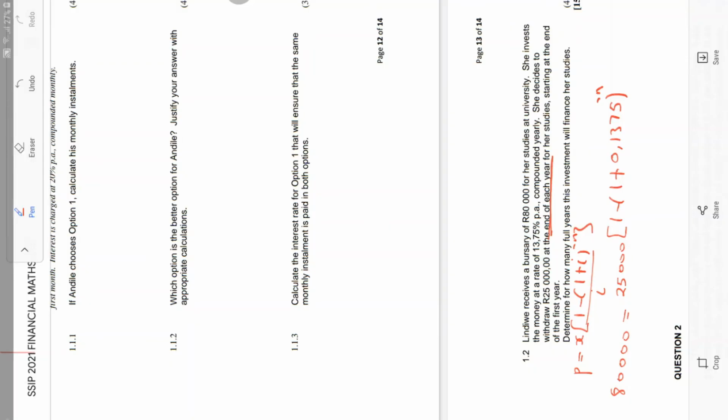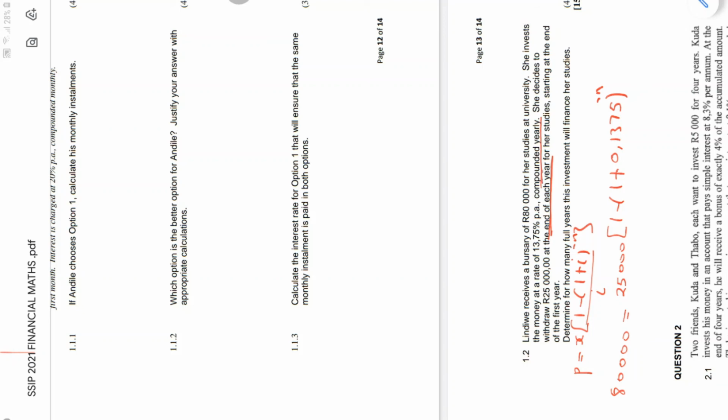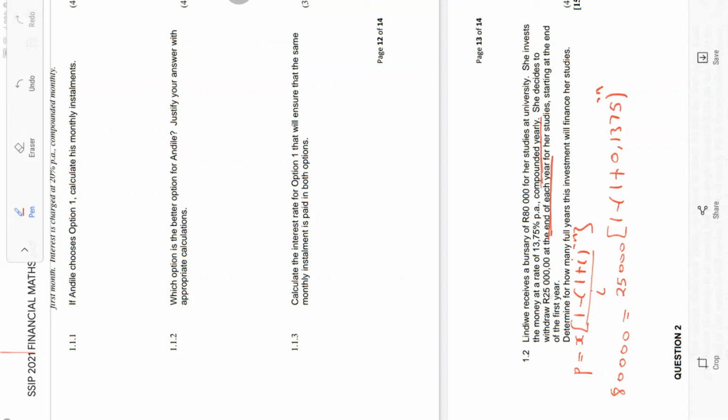Just a moment. Okay, candidates, interest is compounded yearly, so our n is in years, and every year is 25,000. So this is fine, over i, 0.1375. So you go through the dynamics of using your logarithms.